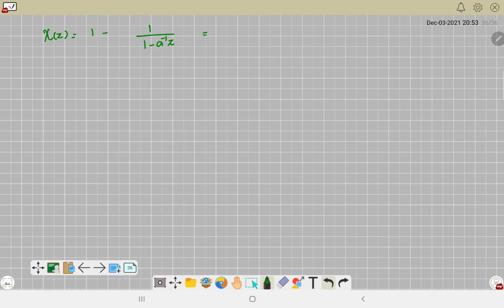If you solve this, it will again come out to be z divided by z minus a, but here we have to ensure that a inverse z is less than 1. We can say the magnitude of z is less than a, right?